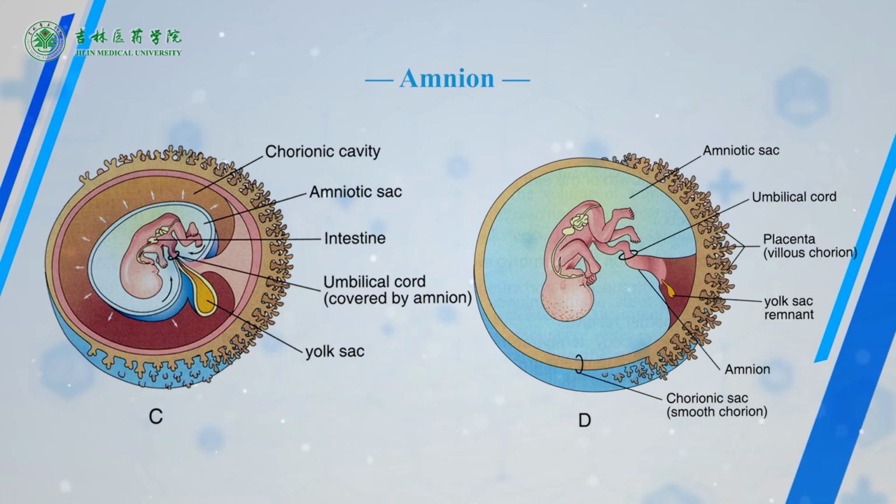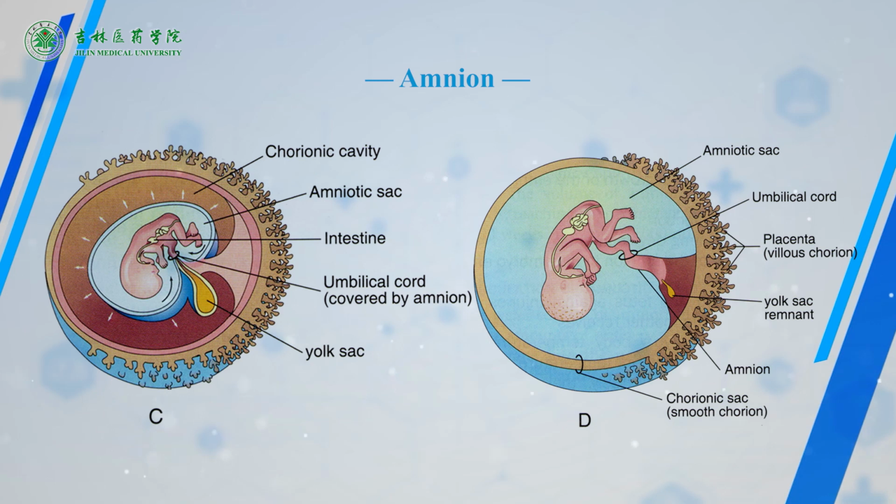The amnion initially adheres to the edge of the embryonic disc and is continuous with the ectoderm. With the formation of the embryo, the expansion of the amniotic cavity and the protruding of the embryo into the amniotic cavity, the amnion wraps the body stalk to form the umbilical cord on the ventral side of the embryo.